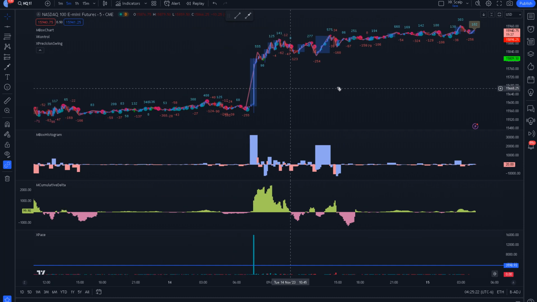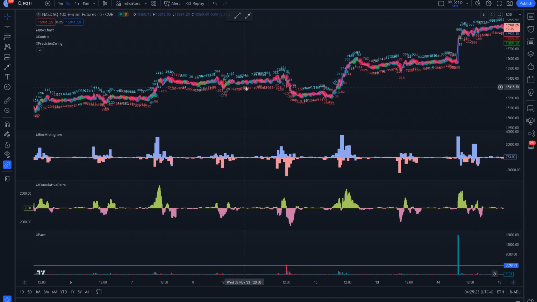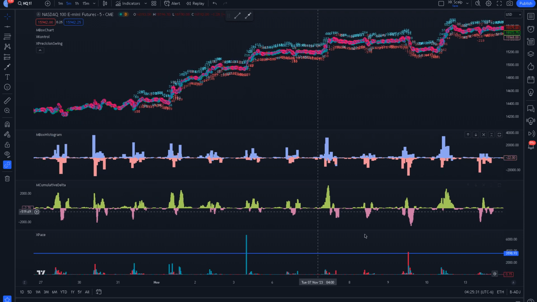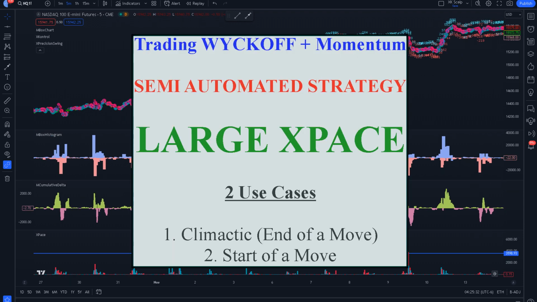So you're being alerted when the market is super volatile. That's what setting this XPACE, going back to the two use cases, either climactic, end of a move, or start of a move. Semi-automated strategy, use it for stocks, swing trading, Forex, futures, whatever.